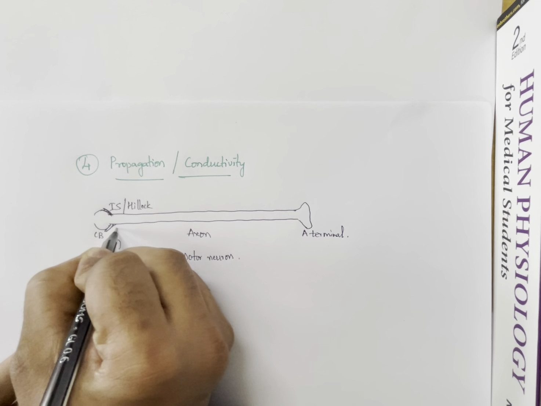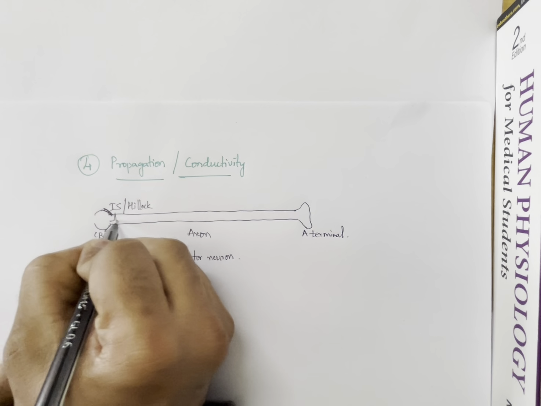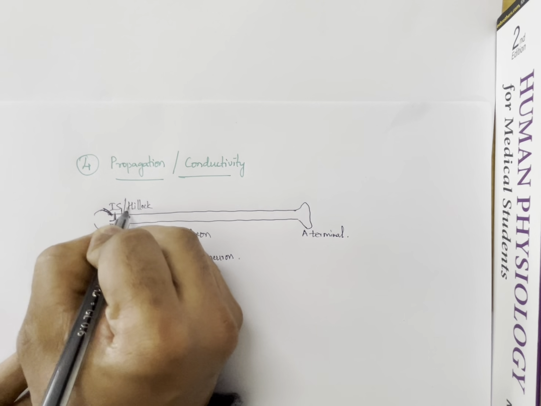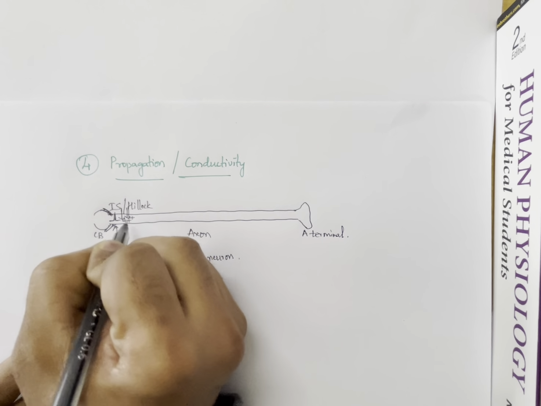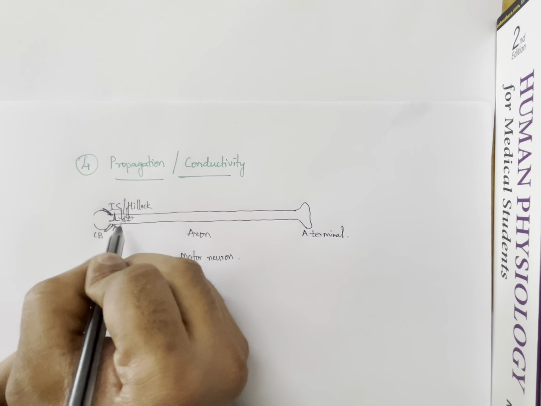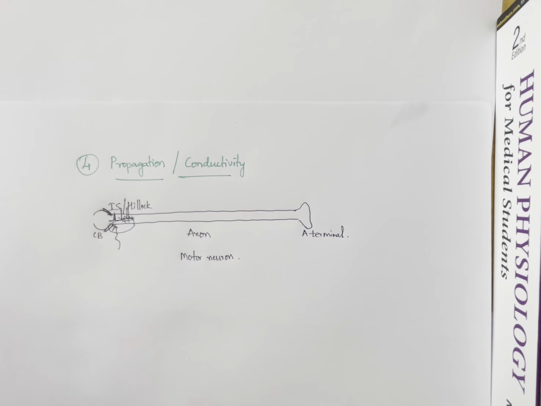When a threshold stimulus is applied here, an action potential is generated. What does it mean? There is rapid influx of sodium ions through activated voltage gated sodium ion channels. So now this area is getting excited.